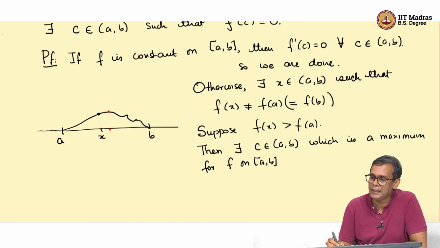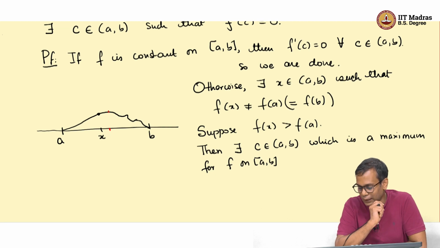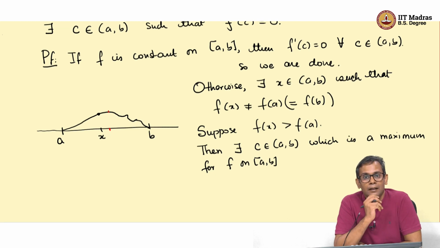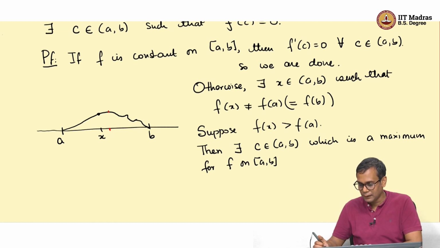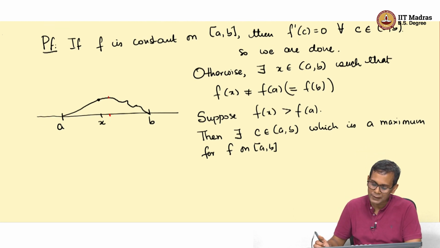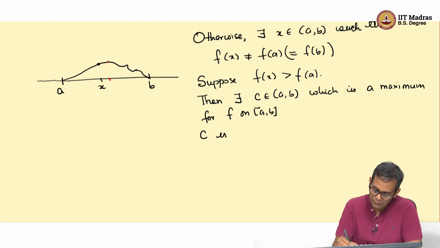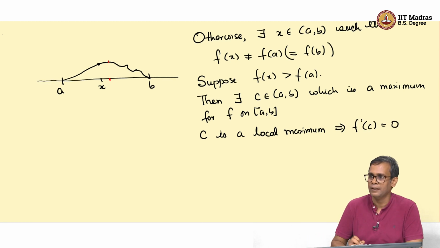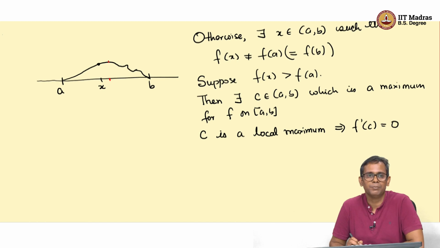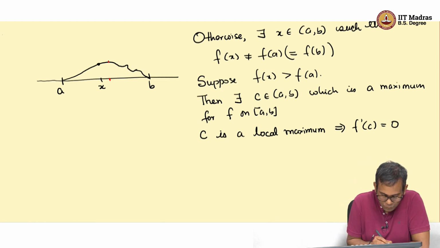This point cannot be a or b because f(c) has to clearly be greater than or equal to f(x), which is strictly greater than f(a). And this point is a maximum, which means it is a local maximum, which implies that f'(c) is equal to 0, and this concludes the proof of Rolle's theorem. Now we are ready to state and prove the mean value theorem.